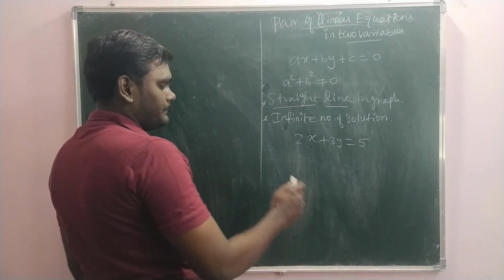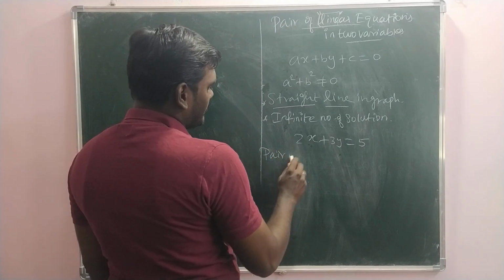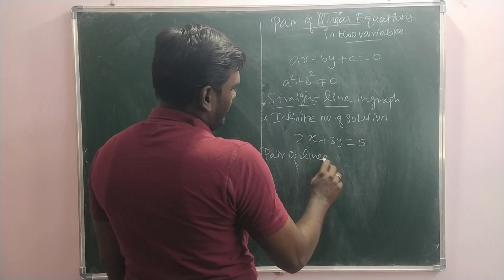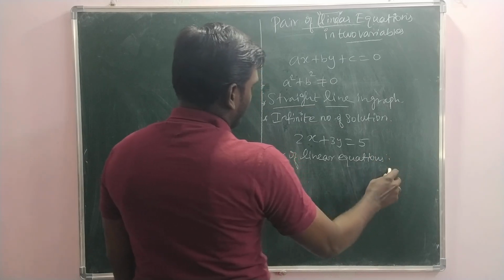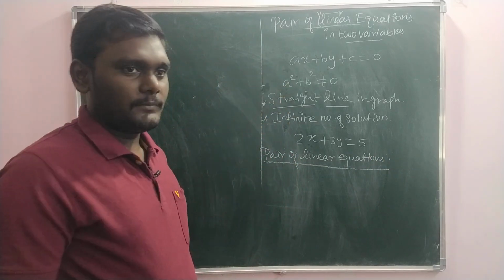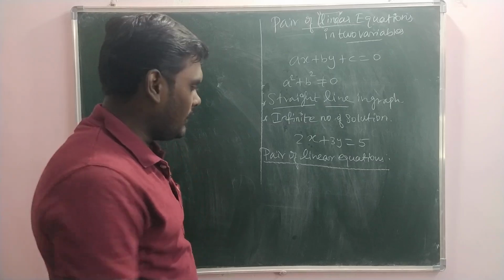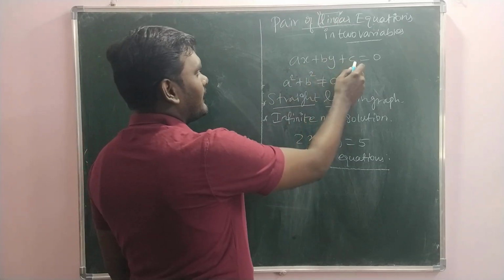Now coming back here, the pair of linear equations means two such equations. We need to differentiate them. How can we differentiate?